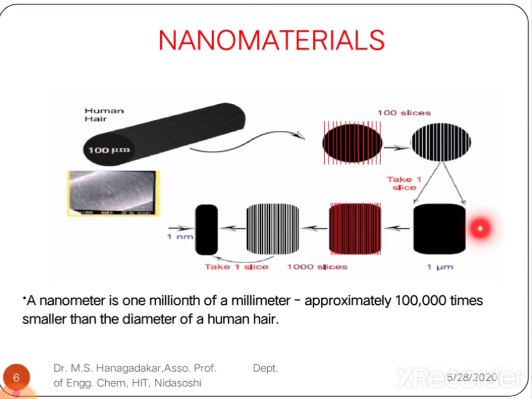That 1 micrometer part of the hair is made into 1000 slices. Then a single slice from that is very close to the dimension of 1 nanometer. A nanometer is 1 millionth of a millimeter, approximately 1 lakh times smaller than the diameter of a human hair.